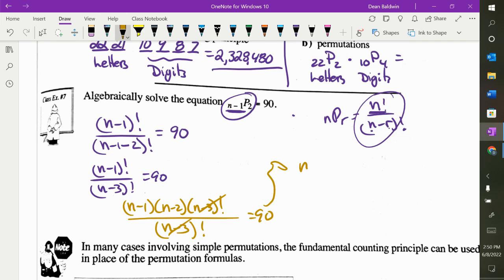And then what type of equation is that? It's quadratic, so we need to FOIL out the n's.